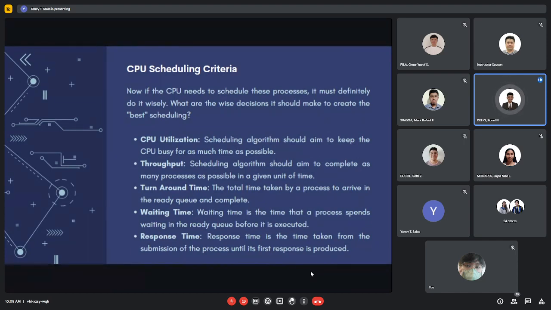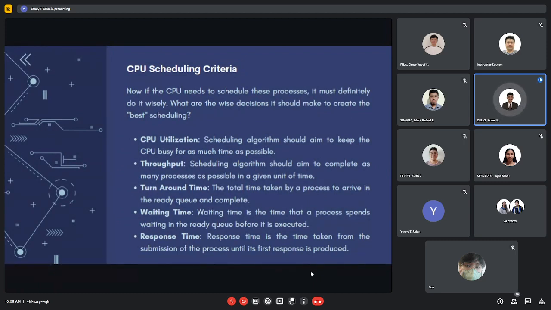So what is this CPU utilization? CPU utilization means that the scheduling algorithm should aim to keep the CPU busy for as much time as possible. So meaning our scheduling algorithm must have a degree of multi-programming. As we can see, if we check the task manager in our system, our CPU is maybe already occupied like 4%, 3%, 5% or 6%, depending.